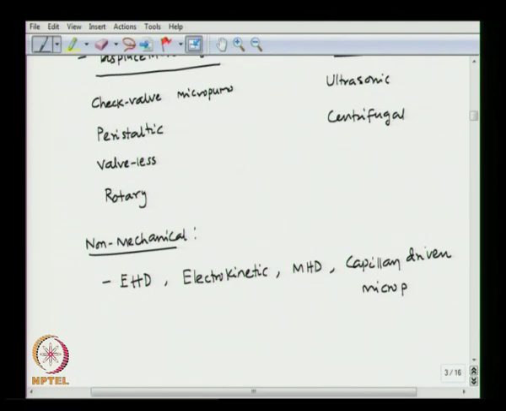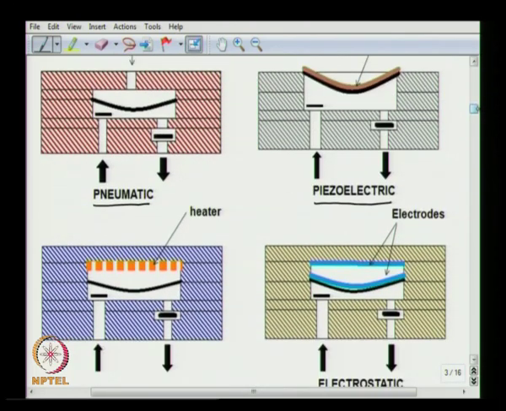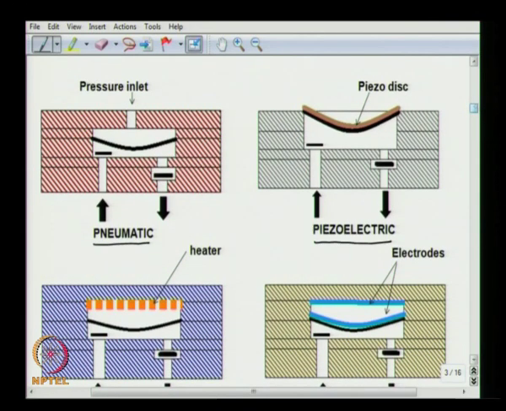So, we will look at each of these micro pumps in detail. Now, if you look at the pneumatic micro pump, this is the chamber, and one side of the chamber is open to a pressure source, and on the other side we have the fluidic inlet and fluidic outlet through valves.